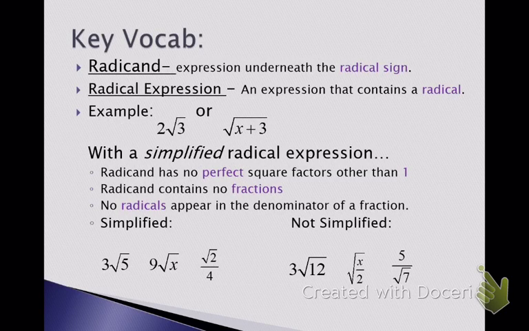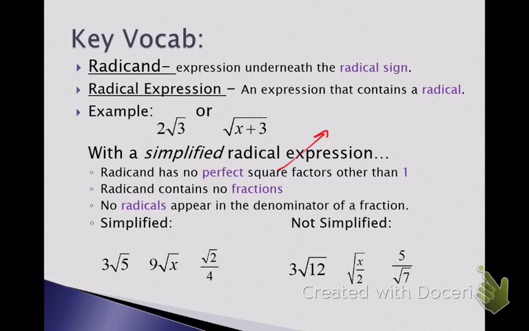Now, how do we know when our radicals are simplified? Well, it only happens when these three things are true. When the radicand has no perfect square factors other than 1. What are perfect squares? What are perfect square factors?